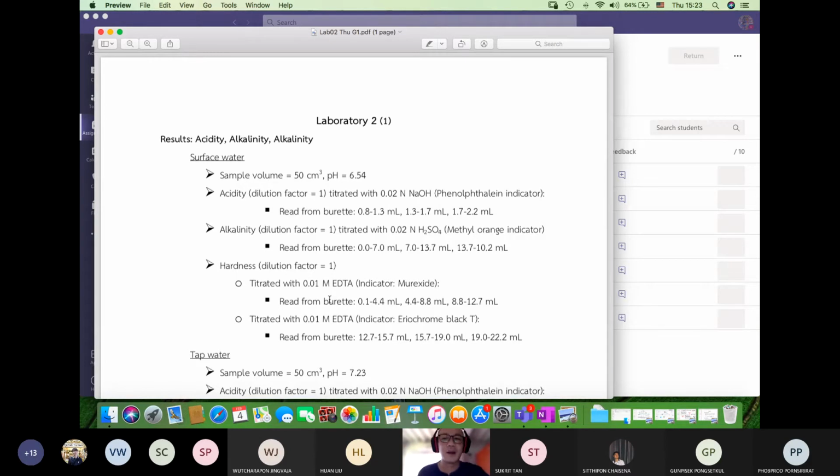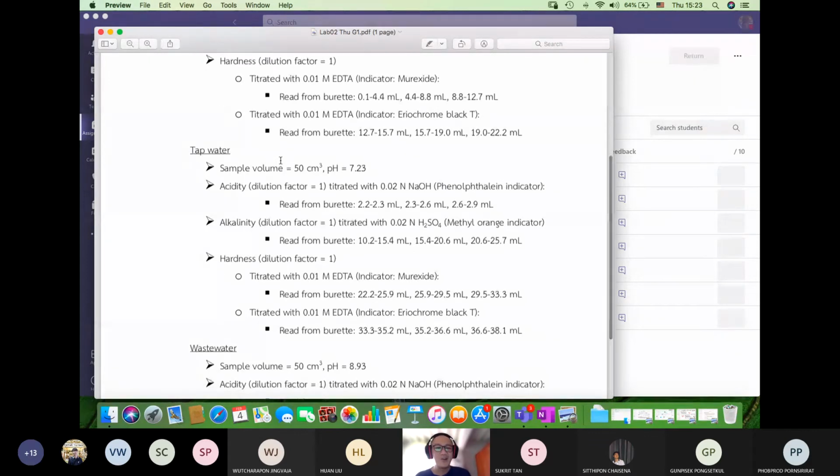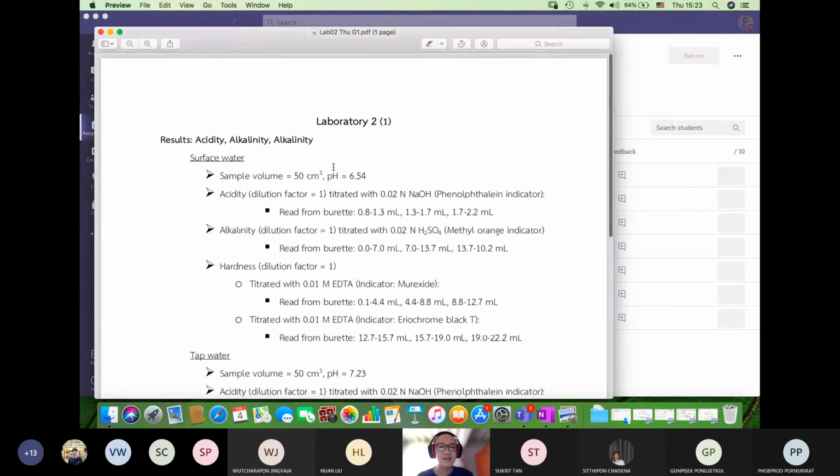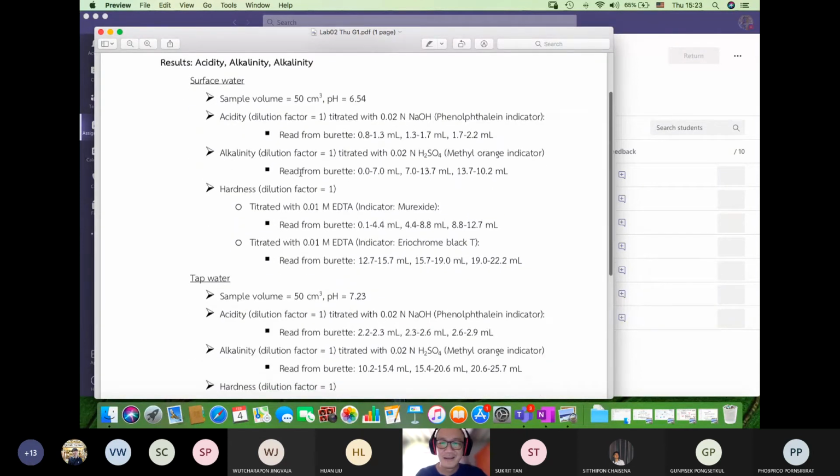These are the information you are expected to produce. If you do it in the labs, you will get these types of results. Do you have any questions regarding these lab results? Until now, you may not have a question, but once you start preparing the reports, you may have some questions.